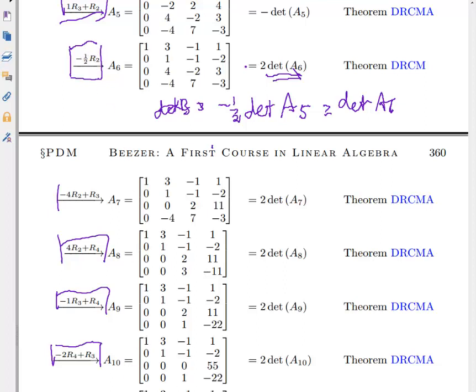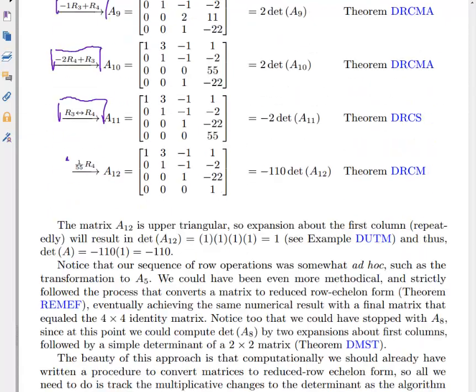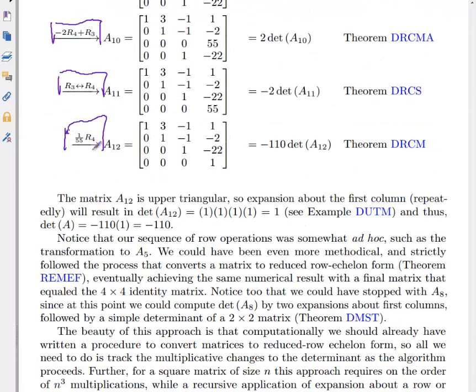Now here finally, in this last place here, we multiplied by 1/55. That means to recover the original determinant again, we have to multiply by an additional factor of 55. Okay. So what we have here is a row reduced matrix. It's not a reduced row echelon, but it's reduced enough so that we could solve it if we needed to.